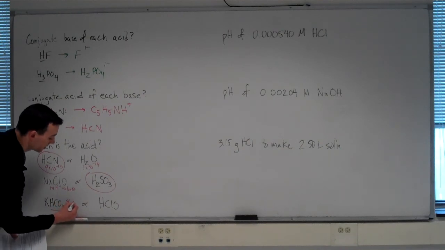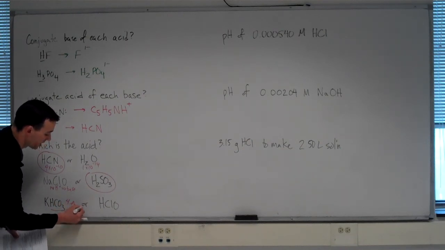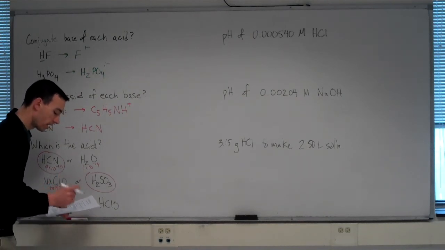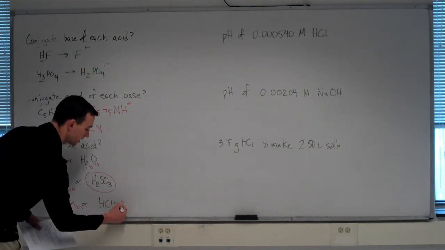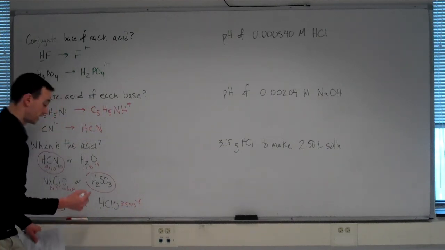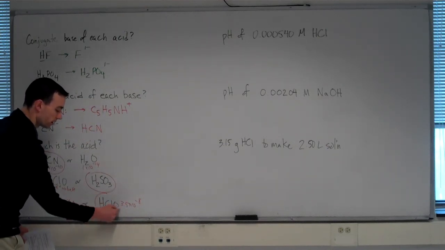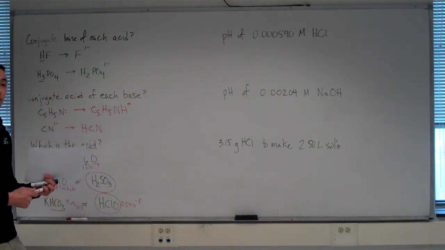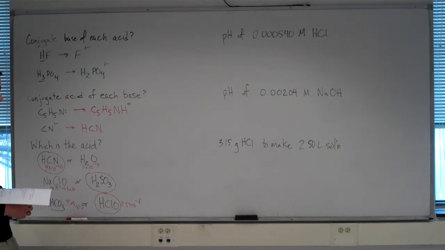It's 4.8 times 10 to the negative 11 for the bicarbonate ion, and for hypochlorous acid it is 3.5 times 10 to the minus 8. Again, that's the larger value, so this will be the acidic species in this potential reaction that we have. Okay.